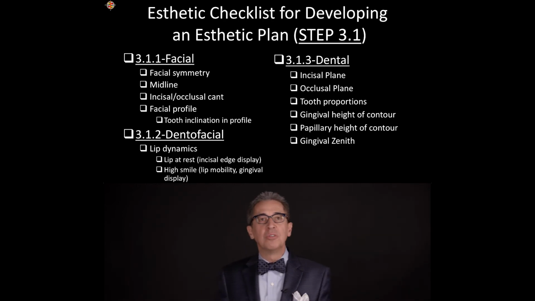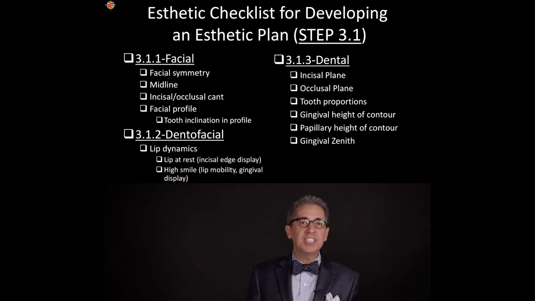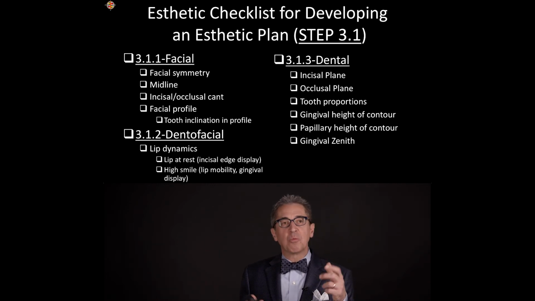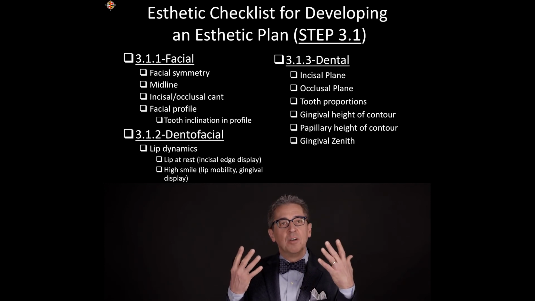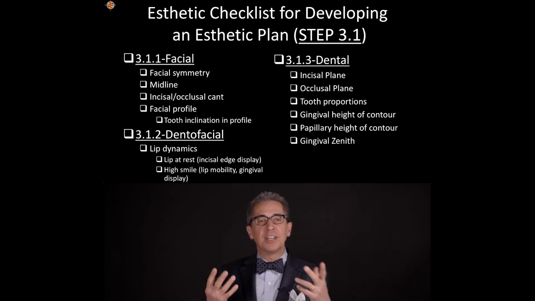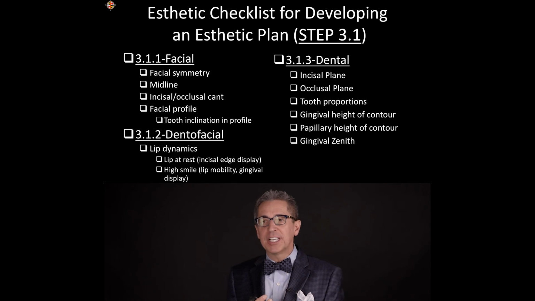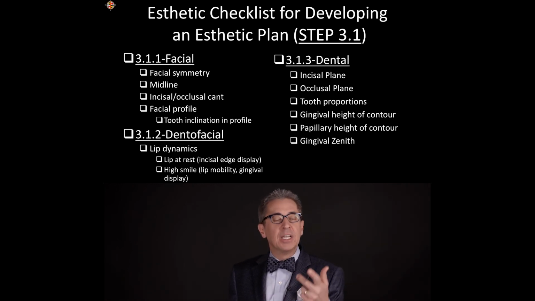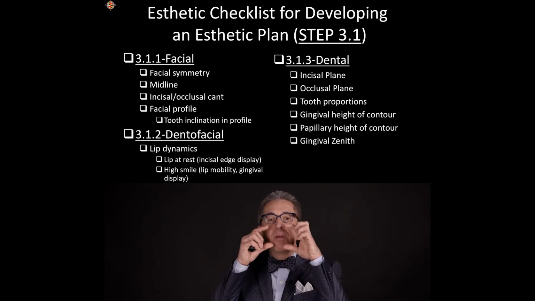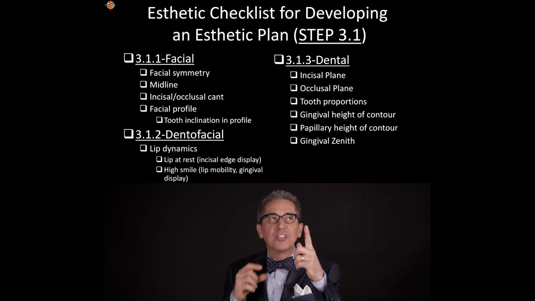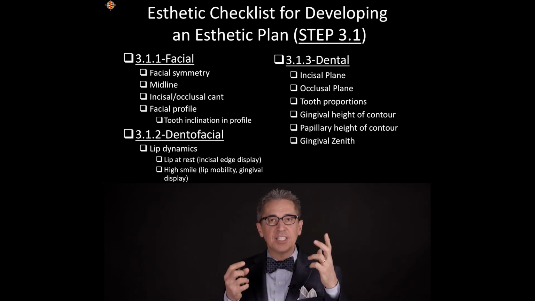This is our checklist of aesthetic parameters. We start with the face, just like we did with George. We look at the face, midline, incisal occlusal plane, then the dentofacial characteristics: lip length, incisal edge display, lip mobility, what's happening with the lips around the teeth, which is related back to what we saw in the face.